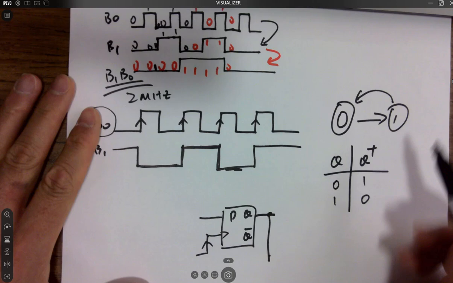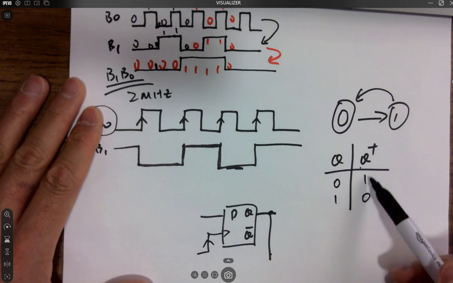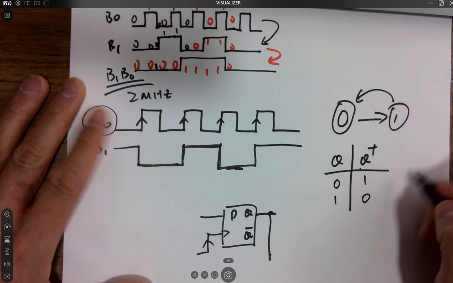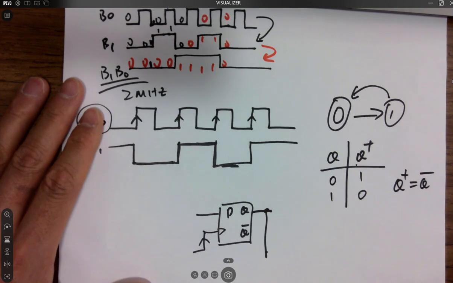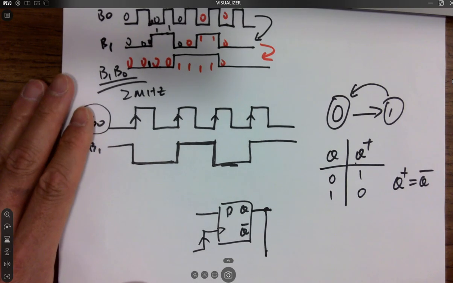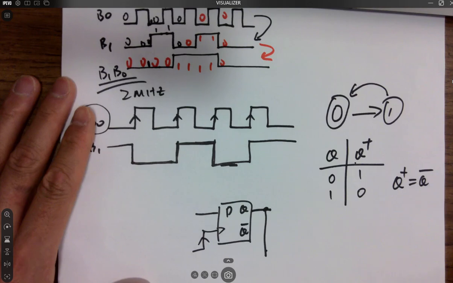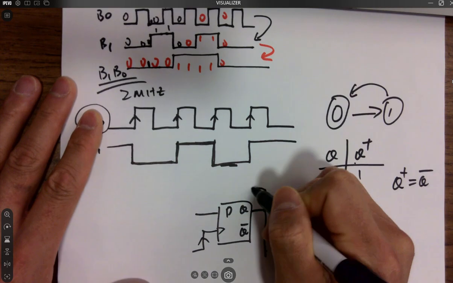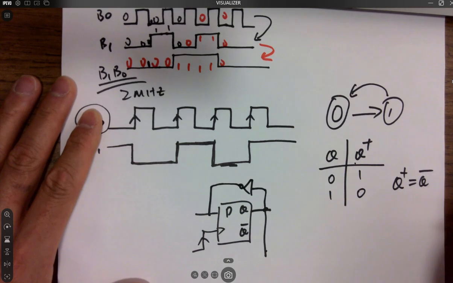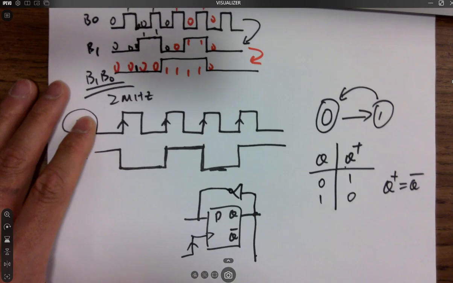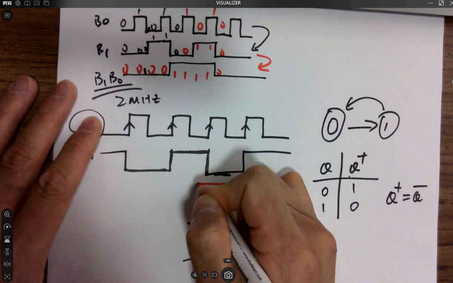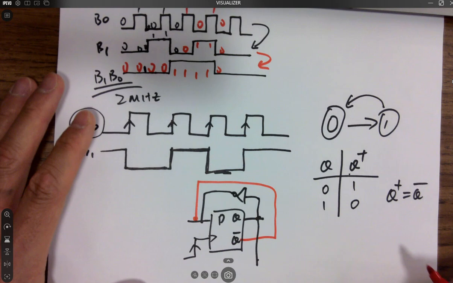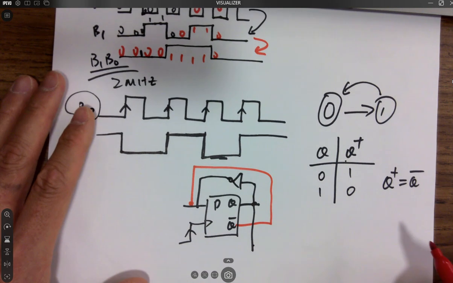So if you look at this one, Q plus is basically Q naught. So you give Q naught to D, either through an inverter here, or just directly short Q naught to D, right? Either way. I see people do both ways, it doesn't matter, okay?